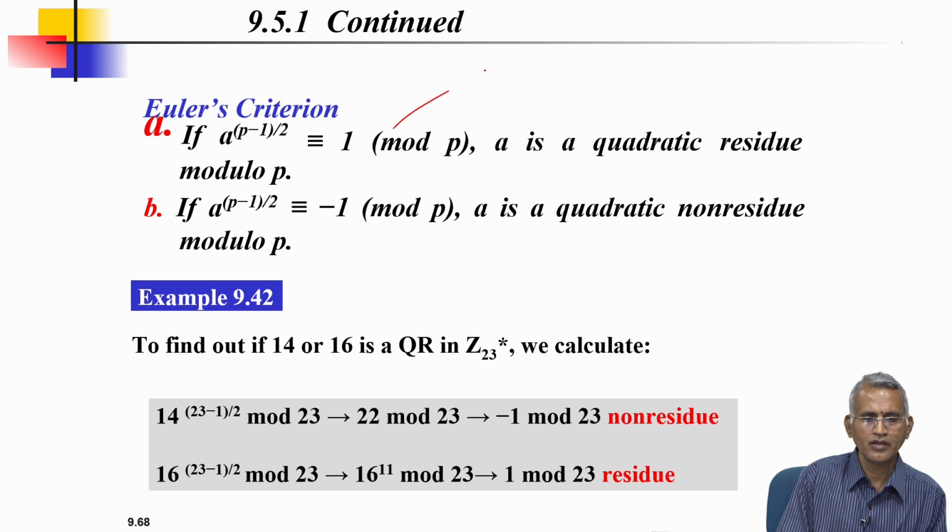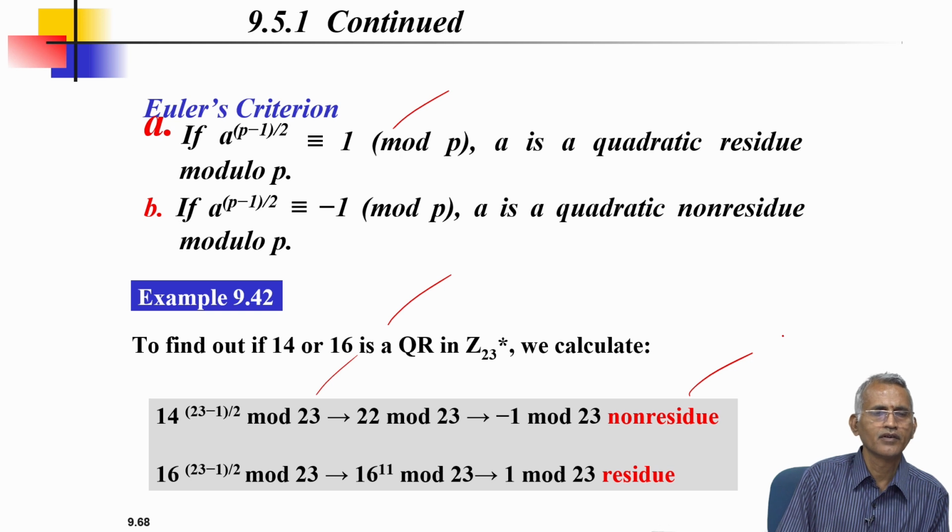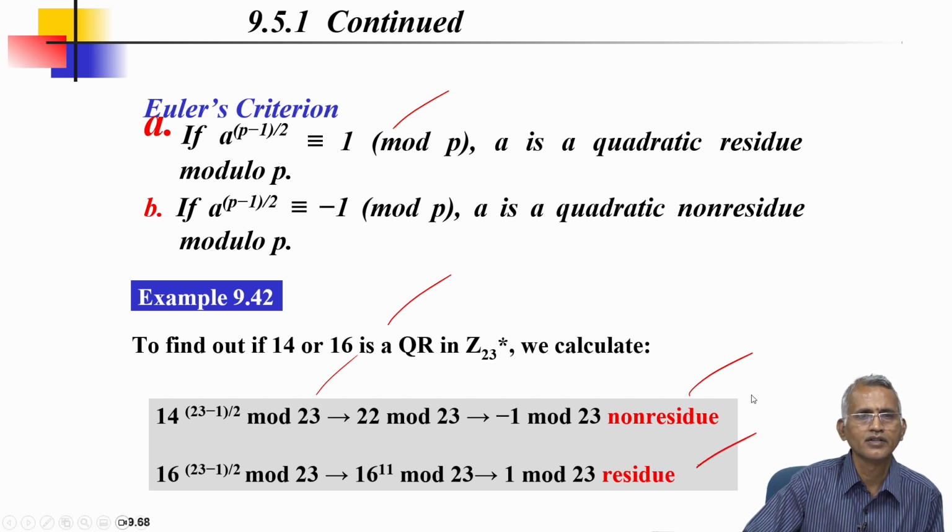To find out if 14 or 16 is a quadratic residue in integers modulo 23, we calculate 14 to the power (23 minus 1) by 2 under modulo 23, which is 22 under modulo 23, equal to minus 1 under modulo 23, so it is a non-residue. And 16 to the power (23 minus 1) divided by 2 under modulo 23 is 16 to the power 11 modulo 23, which is 1 under modulo 23, so it is a residue.